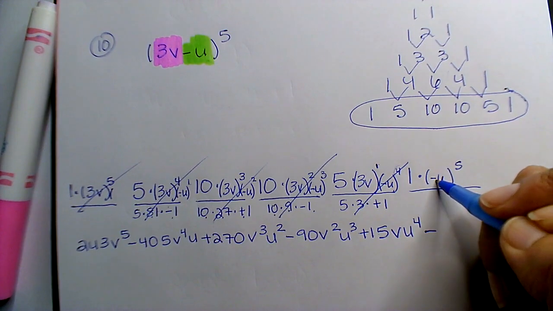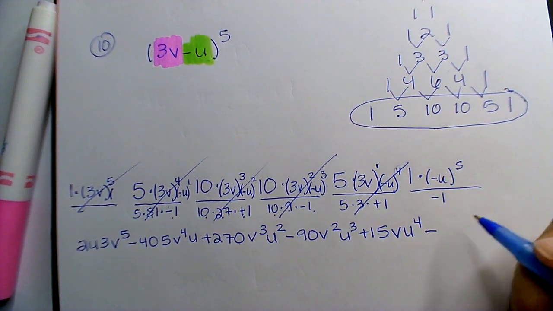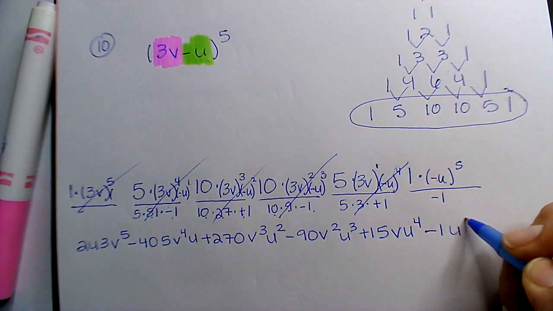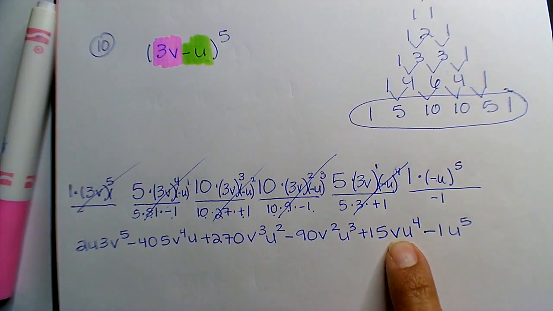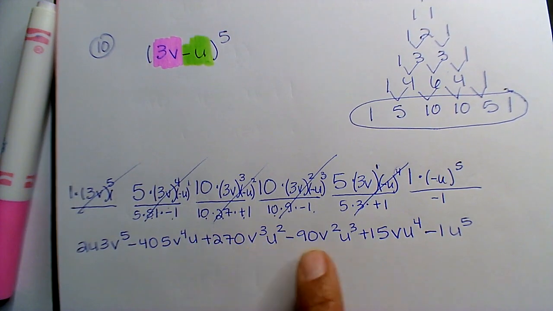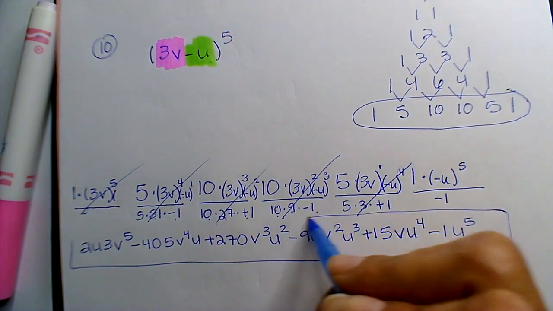So what's negative 1 to the 5th power? Negative 1. You could write it or leave it off. And then u to the 5th, with no v, and that is the expansion.